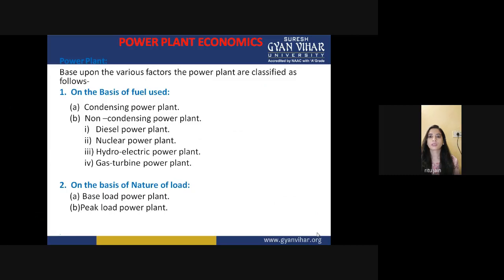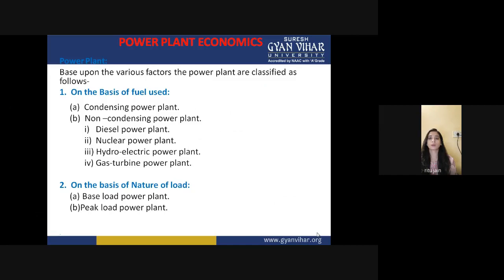First is the condensing power plant, non-condensing power plant, diesel power plant, nuclear power plant, hydroelectric power plant, and gas turbine power plant. You can see that the name depends upon the kind of fuel you are using in the power plant.